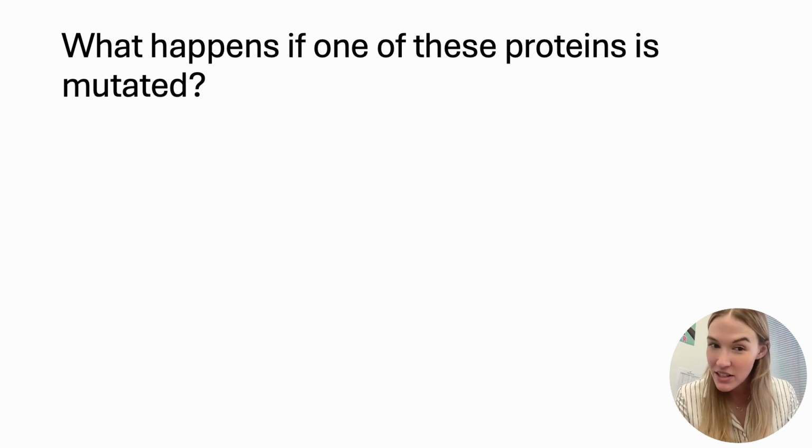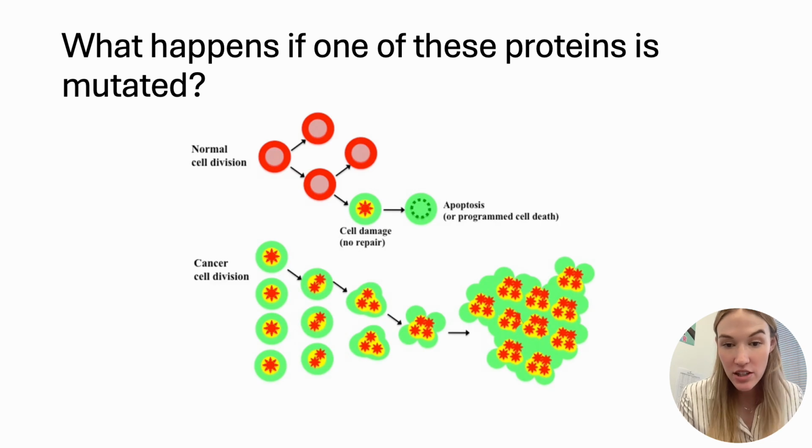Now, I talked about a situation with cancer. That would be the problem if RB was mutated. But you could also potentially have apoptosis. I don't want to say it's the more preferred scenario, but it certainly prevents the formation of cancer. So you can have normal cell division, but then suddenly you have one that has damage.